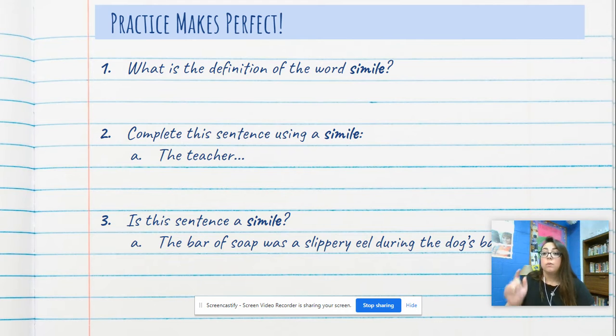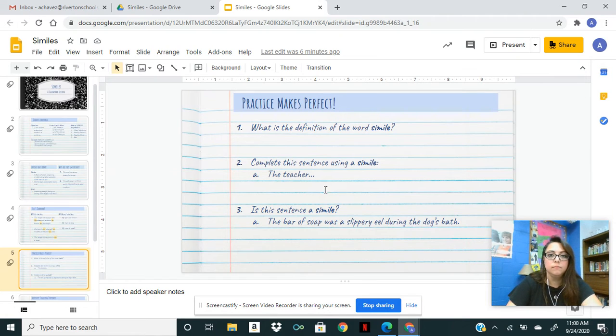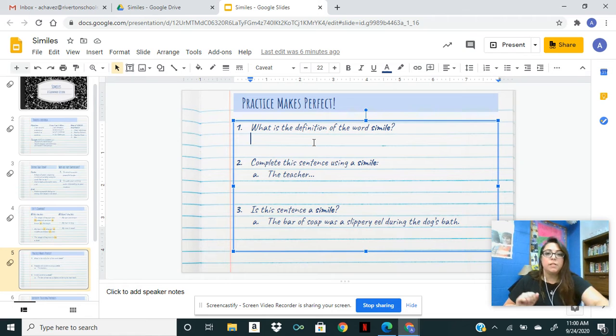All right, let's get to practicing because practice makes perfect, which is why we have 2 activities for you this week. And I will exit out of the presentation mode so that I can type with you guys. Okie dokie. So the first question is, what is the definition of the word simile?